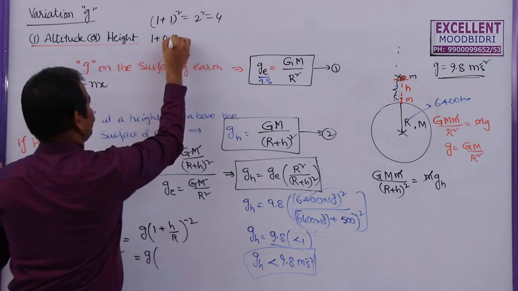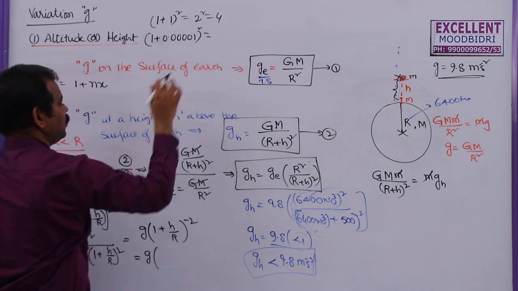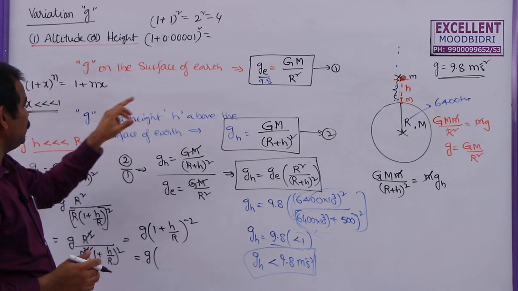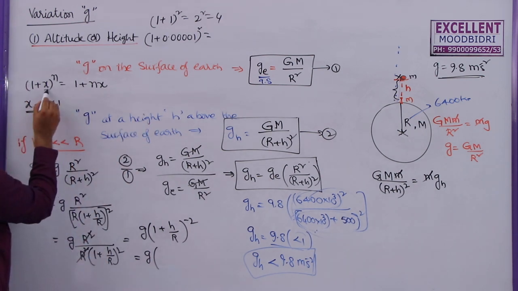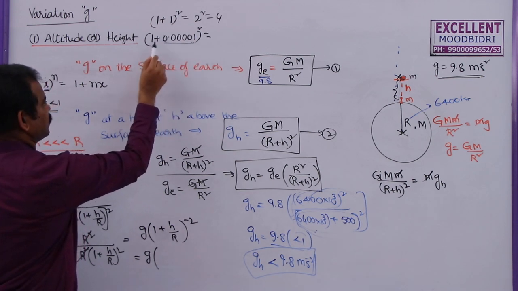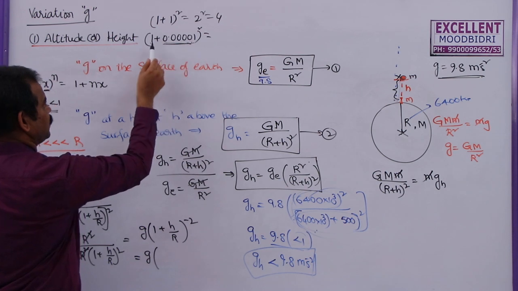Now (1 plus 0.00001) whole square, if you want to do this, we need a calculator or we need some time. But if you know this formula, here x is much lesser than 1. So x value is very small when compared to this. This is x here, this is 1. 0.00001 is much lesser than 1.